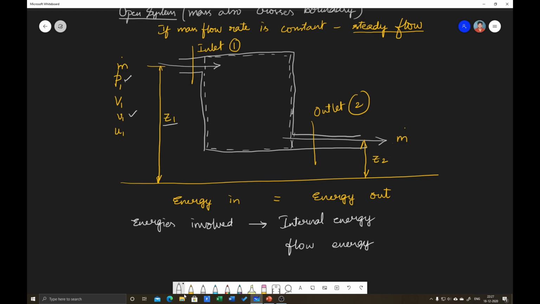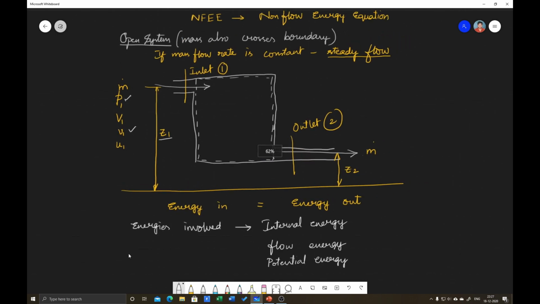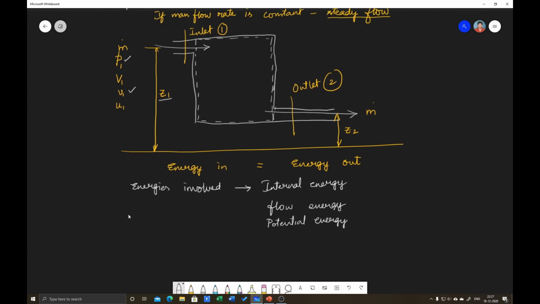If it has Z1, then potential energy will be there. And also mass is entering the system with a velocity, so there will be kinetic energy.